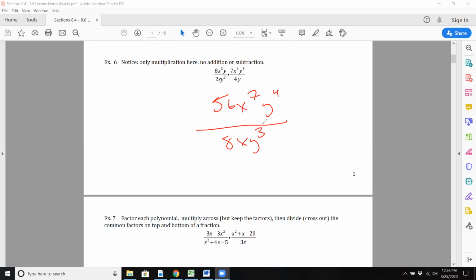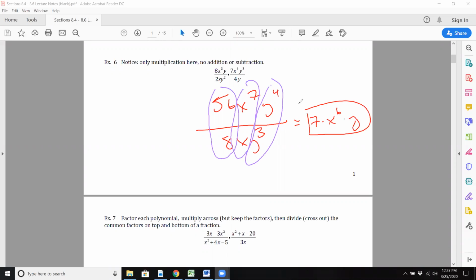And then, of course, look at these vertically, and you should get just this: 7 times x, 6 times y. There you go.